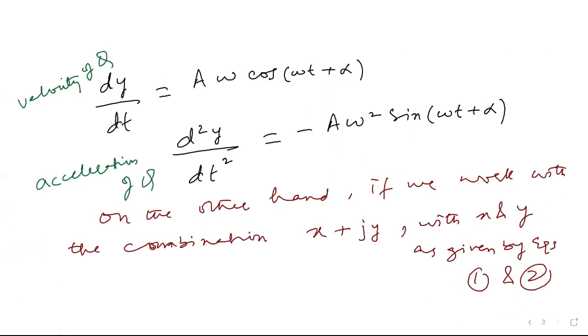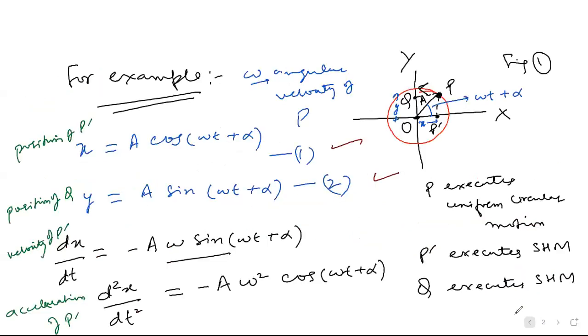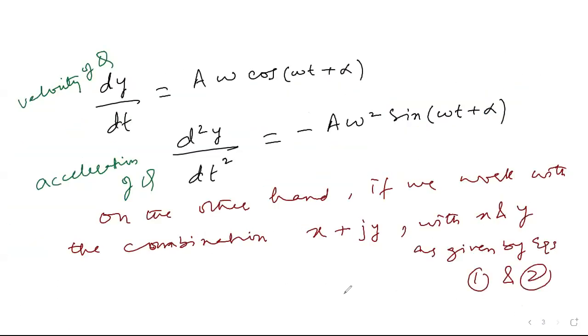See what we get. So we combine 1 and 2 in the form of a complex number x plus jy, right?